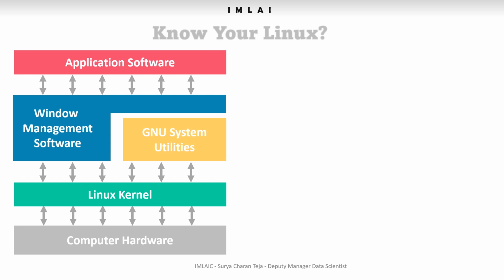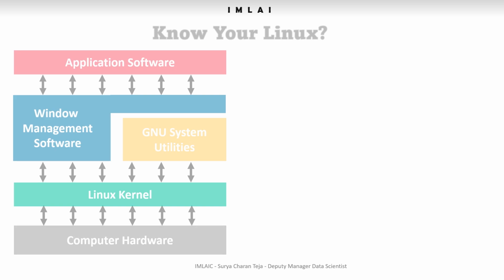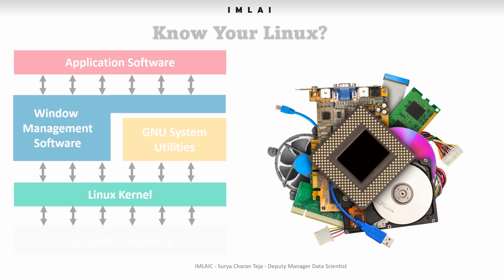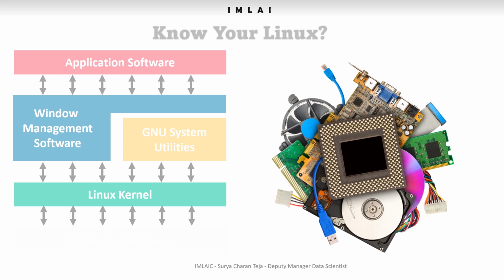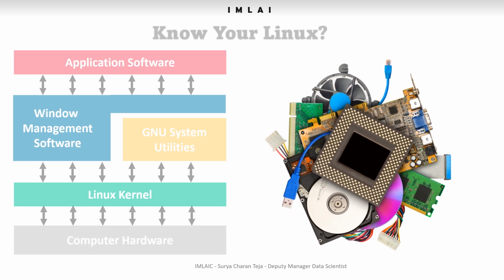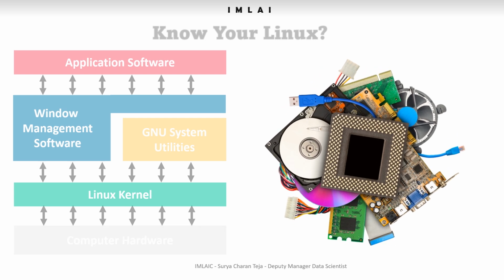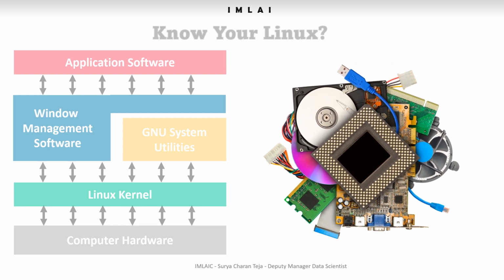So for now, we will look into the computer hardware. Computer hardware is the physical device of computers that we can see and touch. For example, monitor, CPU, mouse, joystick, etc. Using these devices, we can control computer operations like input and output.